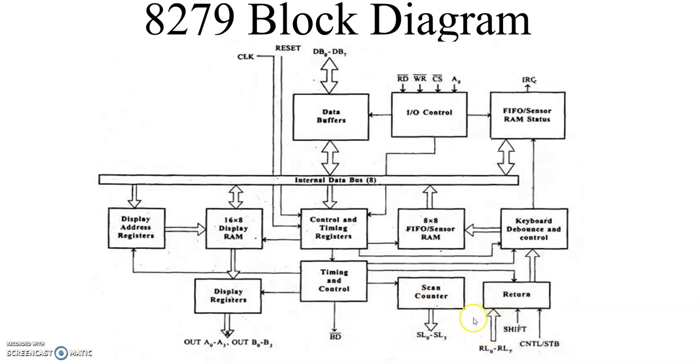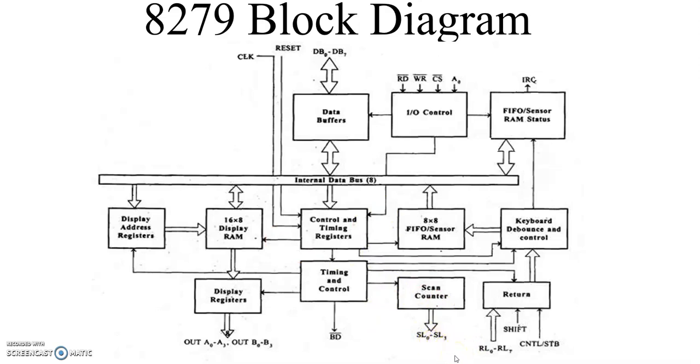The scan counter has two modes to scan the key matrix and refresh the display. In the encoded mode, the counter provides a binary count that is to be externally decoded to provide the scan lines for keyboard and display. 4 externally decoded scan lines may drive up to 16 displays.